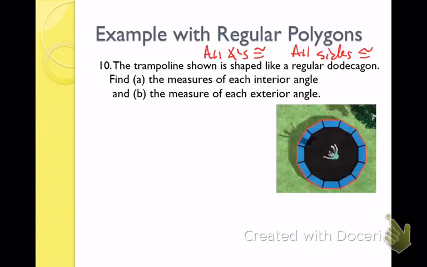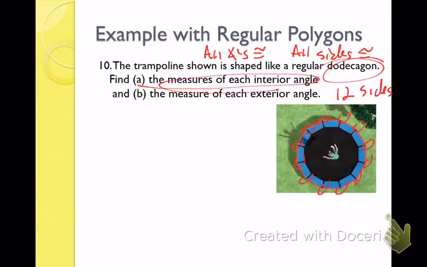Okay? This trampoline shown is shaped like a regular dodecagon. Remember what a dodecagon is? It's got 12 sides. Okay? Well, if it's got 12 sides, then you can count them up. It's got 1, 2, 3, 4, 5, 6, 7, 8, 9, 10, 11, 12 angles. Okay? If it's regular, all those angles are the same.